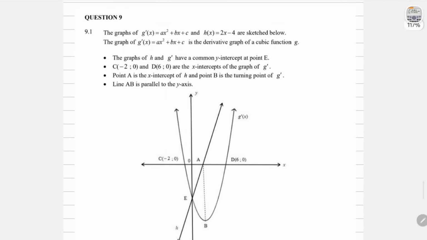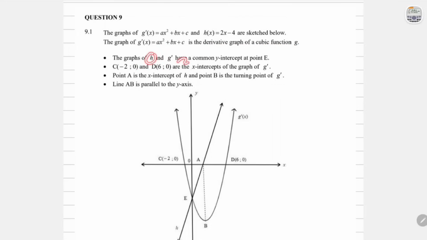Question 9.1 says, the graphs of g prime of x, which is ax squared plus bx plus c, they haven't given us anything there, and h of x is equal to 2x minus 4 are sketched below. The graph of g prime of x is the derivative graph of a cubic function, g.